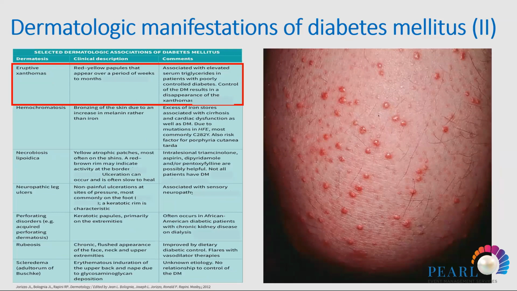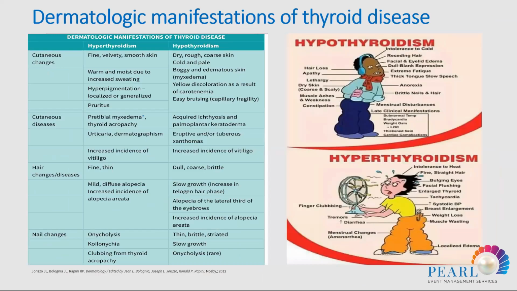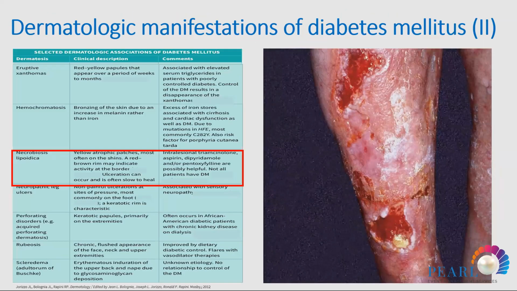Whenever we're seeing xanthomas, we need to consider the different variants: the plain type, and also the eruptive and the tendinous. Sometimes this will signal that the patient has an underlying hyperlipidemia or even an underlying malignancy as well.